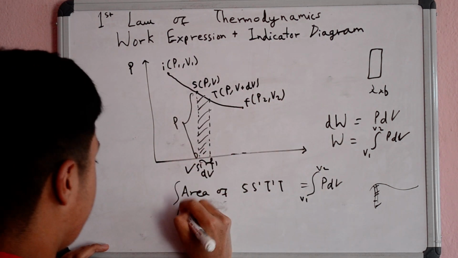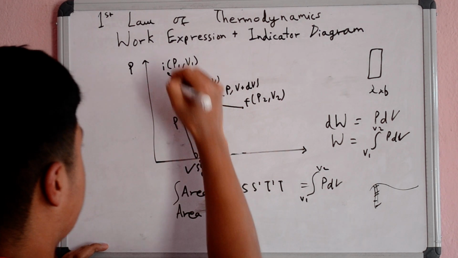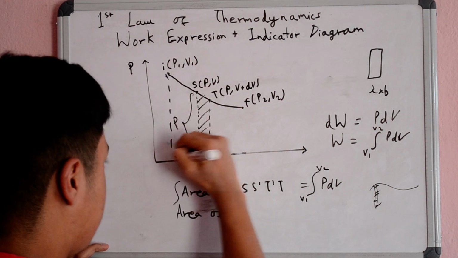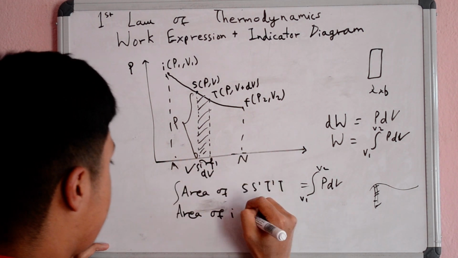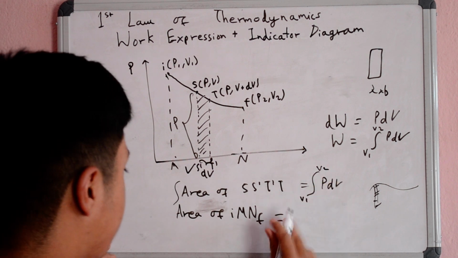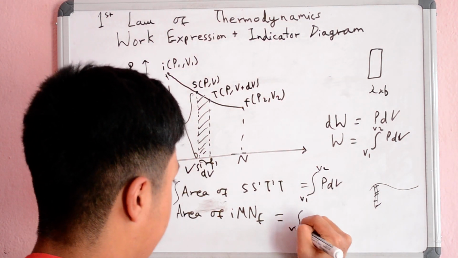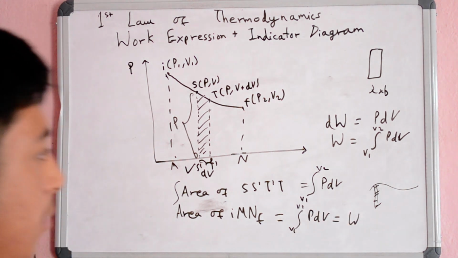So we get the area of, let's make a line parallel to the P axis again, M and N, the area of I M N F, which is equal to the integral from V1 to V2 of PdV, which is equal to the work done.